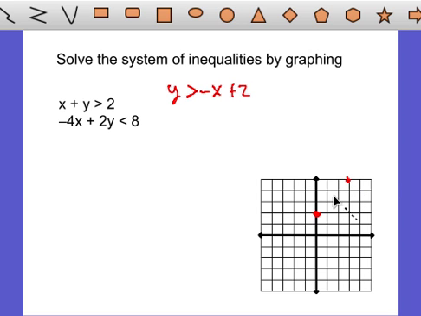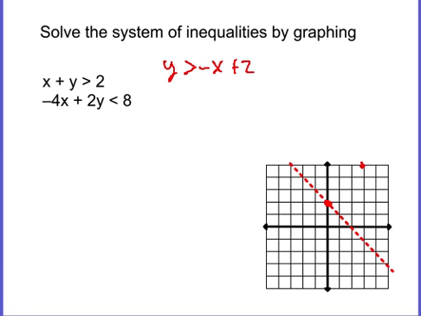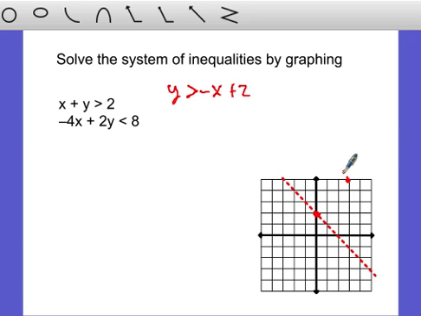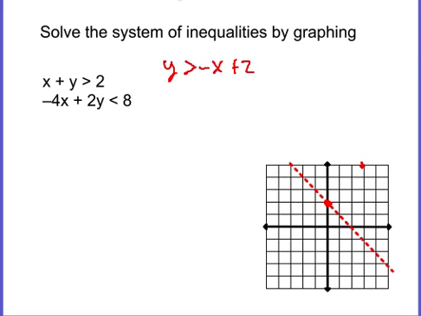Oh, it's negative, thank you, it's a negative slope. I went the wrong direction. Man, I'm trying to go fast, I guess. All right, so that is the red line.